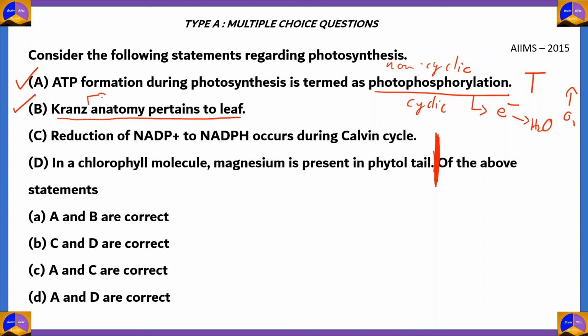The term Kranz anatomy refers to the special arrangement of cells in C4 plants.